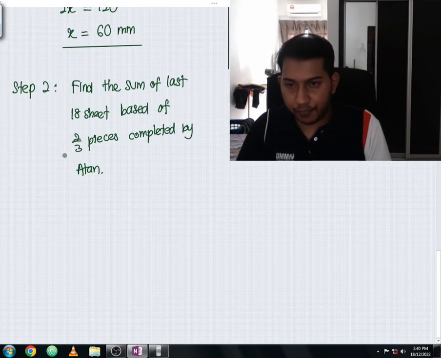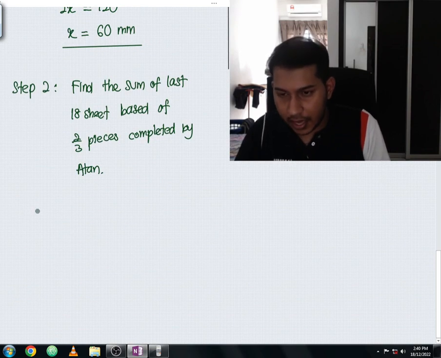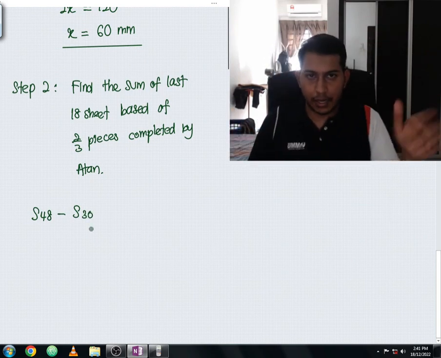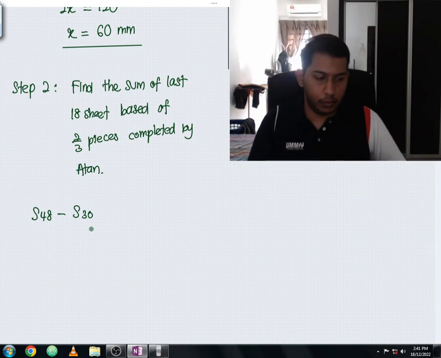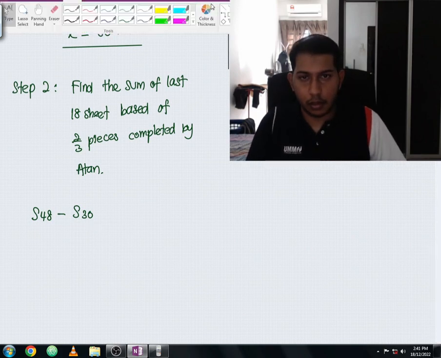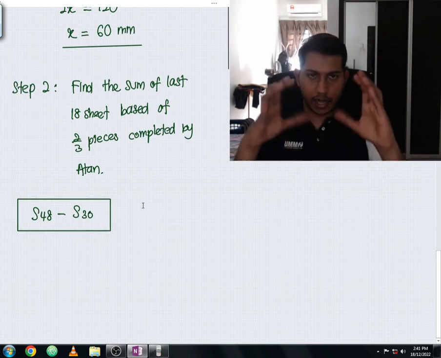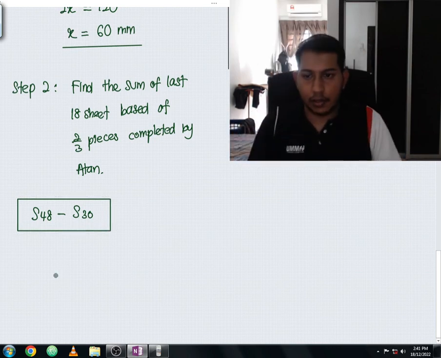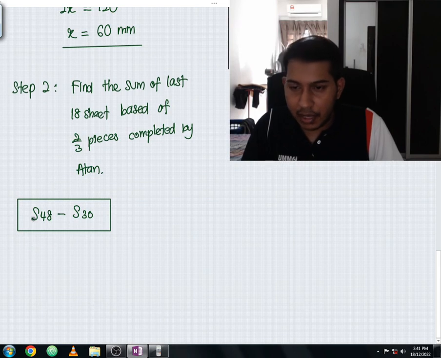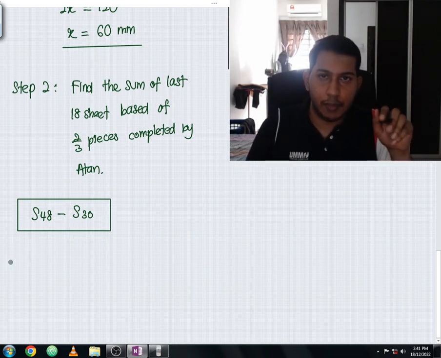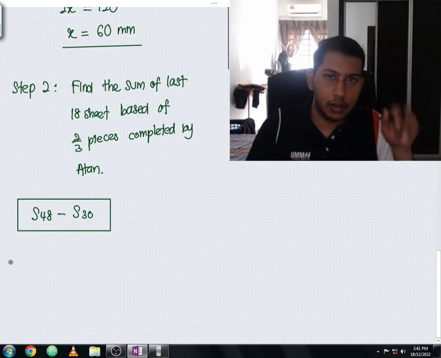To solve this, it will be S48, the sum of the 48th term, minus the sum until the 30th term, S48 minus S30. Let us make a box and solve this together. We're going to use the similar formula, n over 2 square bracket 2a plus n minus 1 times d close bracket.